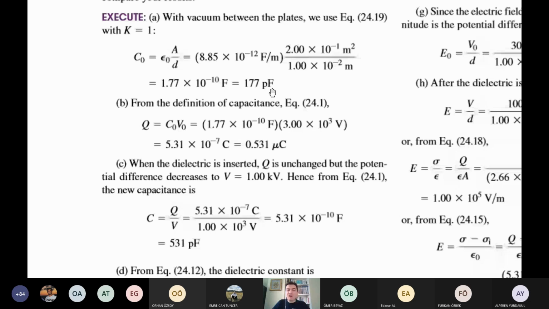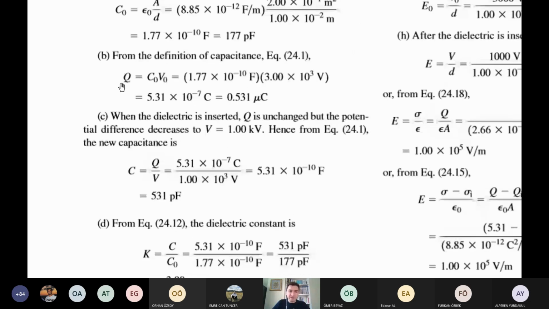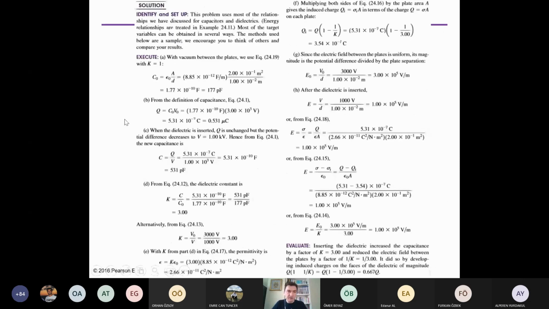And what about the charge on each plate? It is given by C0 times V0. Remember this formula. Nothing is new here. Capacitance is given by Q over V, okay? Just use this information. And C0 is the initial capacitance, which we have calculated here.